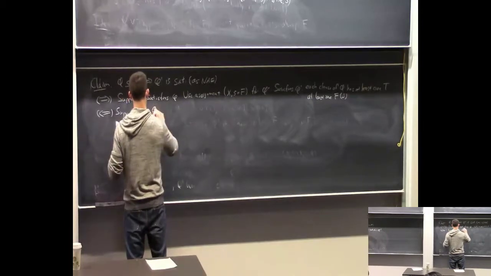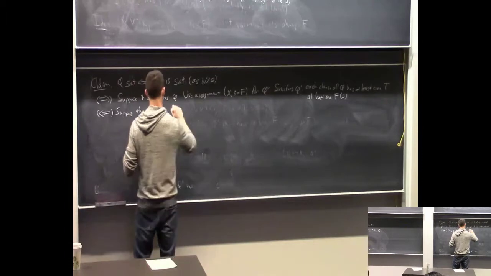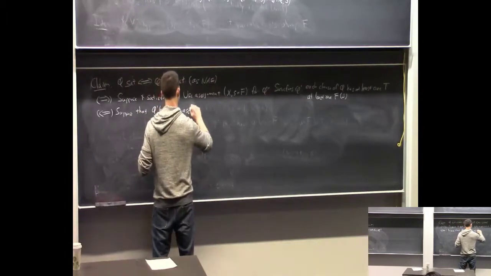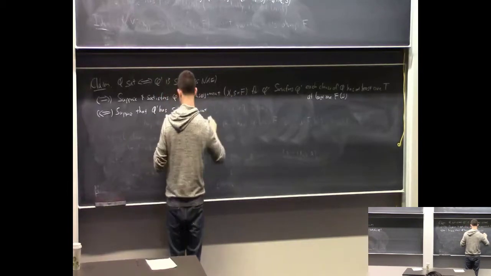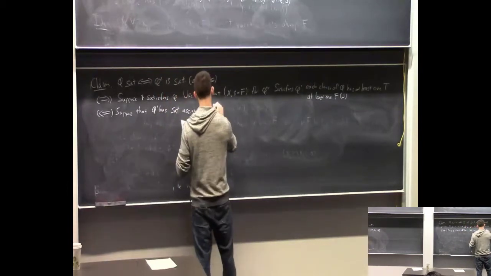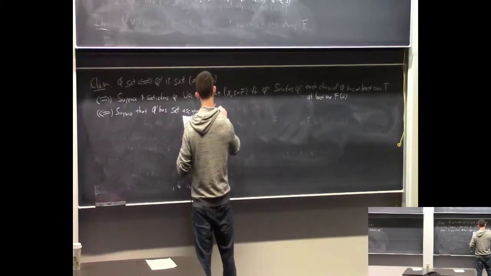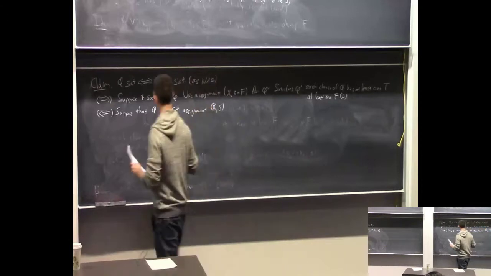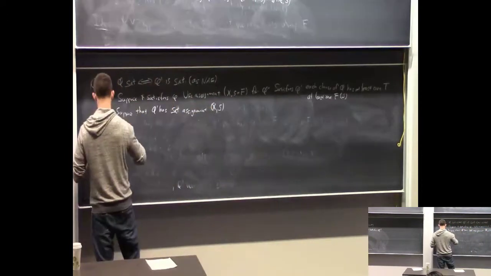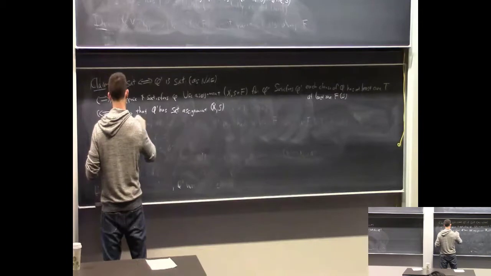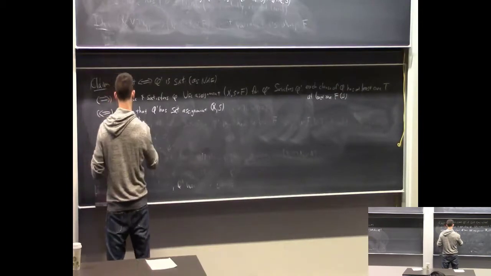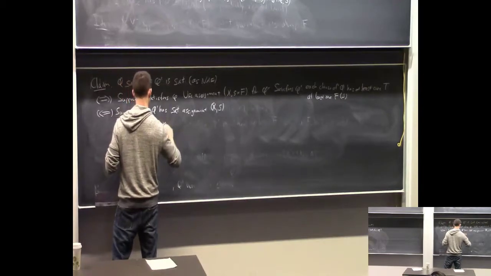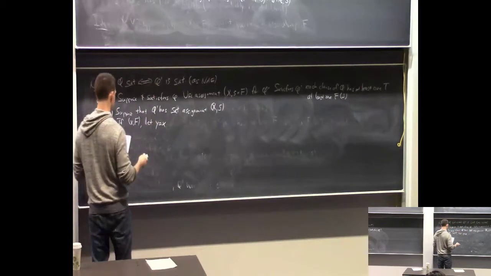And so we're going to suppose that phi prime has a satisfying assignment x, s. And so then what we're going to do is we're going to say if this is x and s is false, then we're going to let y equals x. We'll get to what y is for in a second.